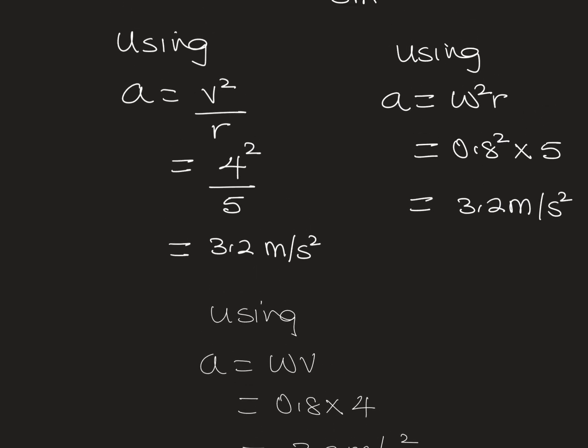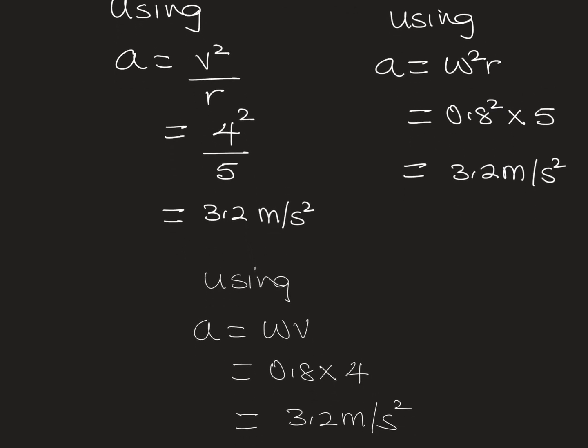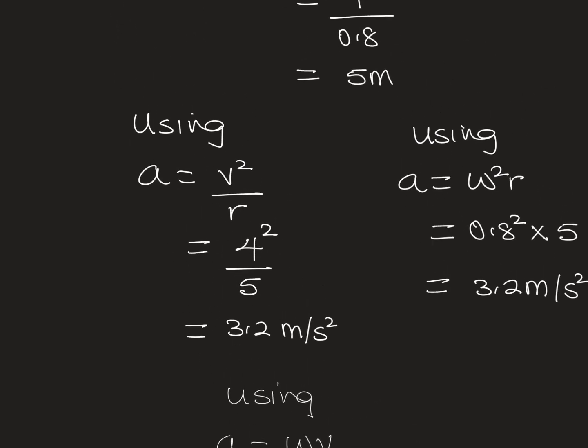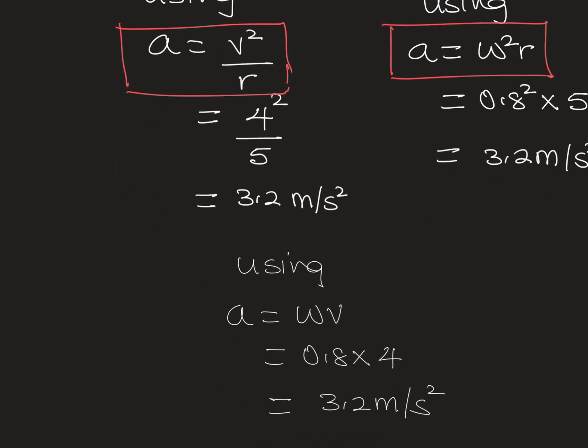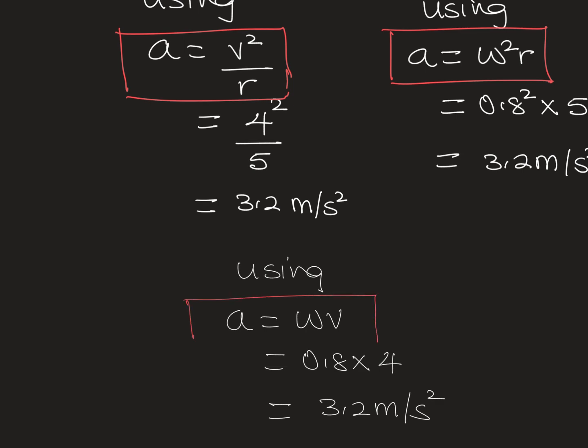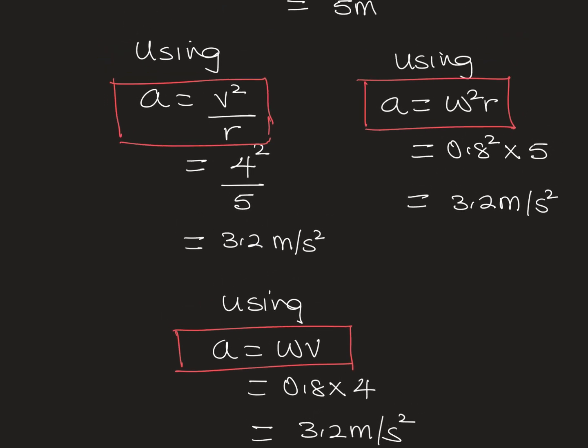So as you can see, you have different ways to calculate the acceleration. We can use acceleration is v squared divided by r, acceleration is equal to omega squared r, or acceleration is equal to omega multiplied by v.